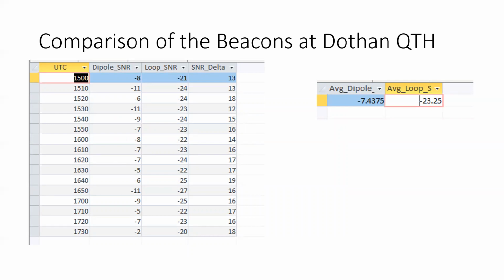So I did some number crunching of both beacons, and it did turn out that the dipole was substantially better than the loop. And one reason that's the case is the Alex loop is like 15% efficient at 40 meters, where a full-size antenna is almost 100% efficient.